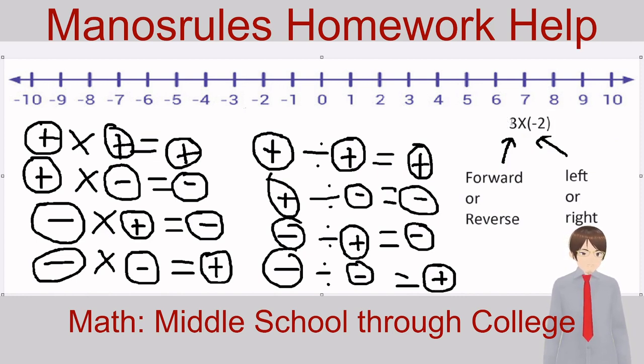So now this 3 is telling us go forward, and this 2 is telling us to go left. So we're ending up doing the exact same thing we just did. Start here, 1, 2, 3, 1, 2, 3, we're there. There's our answer, negative 6. And notice it's still following what it says here.